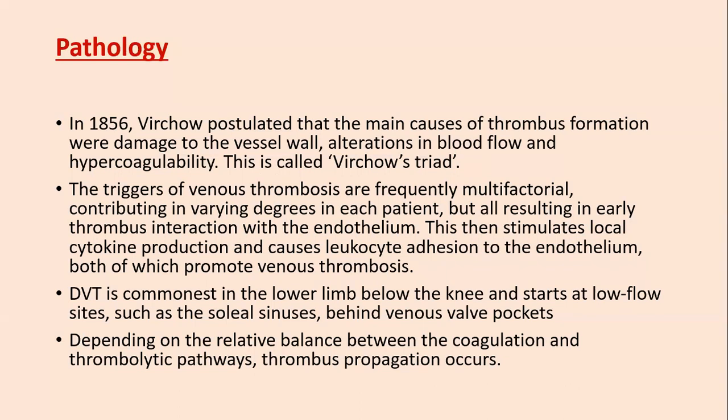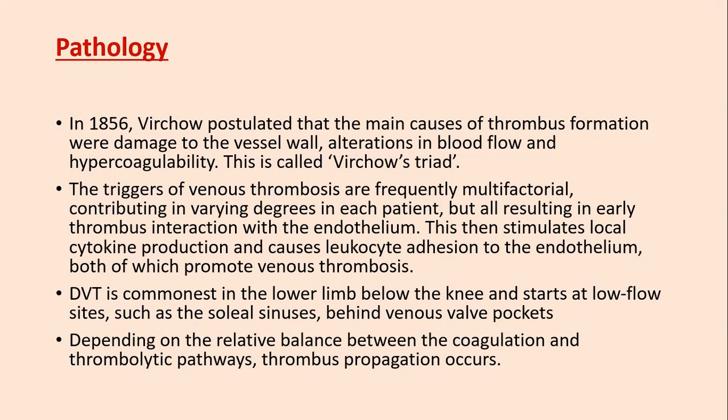The triggers of venous thrombosis are frequently multifactorial, as we have already discussed, but all result in early thrombus interaction with the endothelium. This then stimulates local cytokine production and causes leukocyte adhesion to the endothelium, which promotes venous thrombosis.